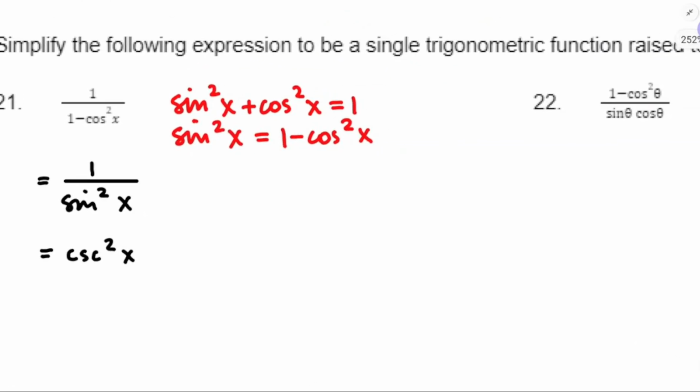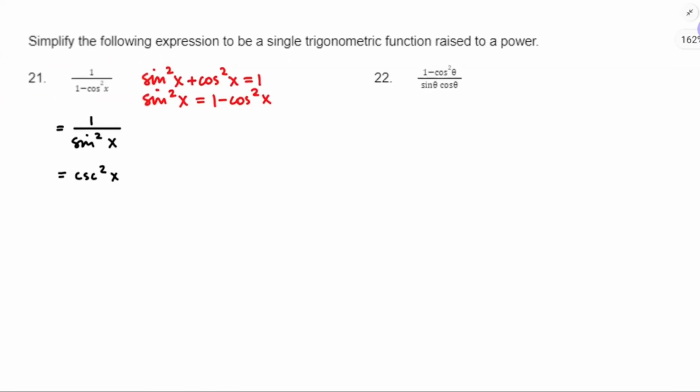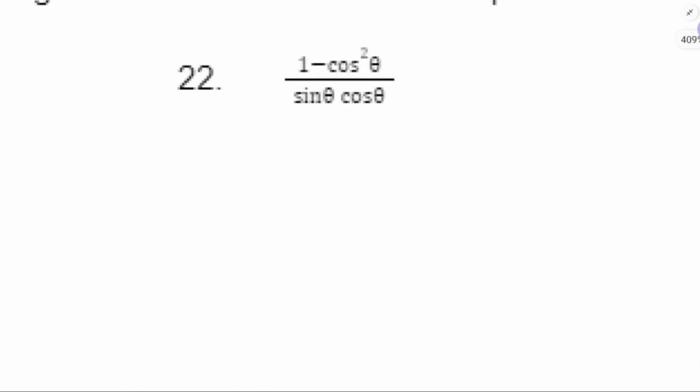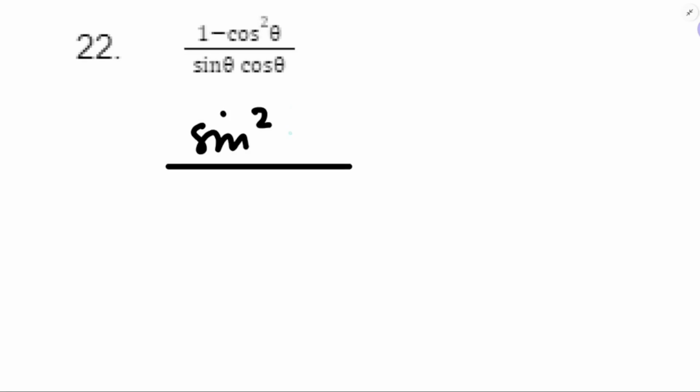Great. And then this last one, 1 minus cosine squared x. Yep, it was sine squared x, so I don't think I need to go through that again. Divided by sine, whoops, I called it x. Sine squared theta divided by sine theta cosine theta.